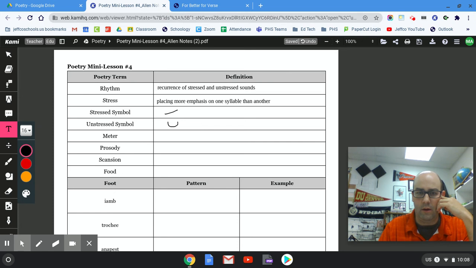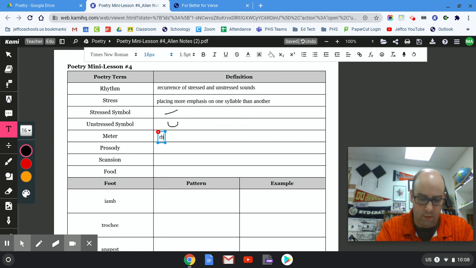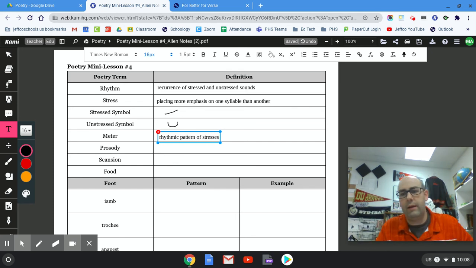And then for meter, the term meter is the rhythmic pattern of stresses. So when we're talking about rhythm, we're talking about meter and what is the pattern of the stresses.